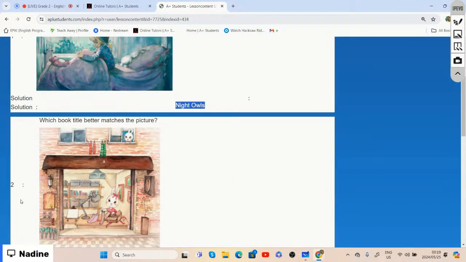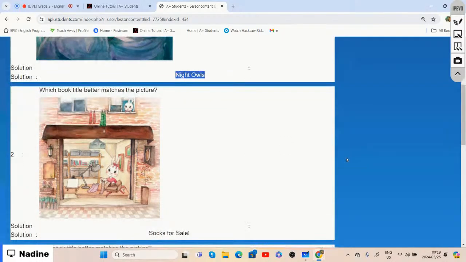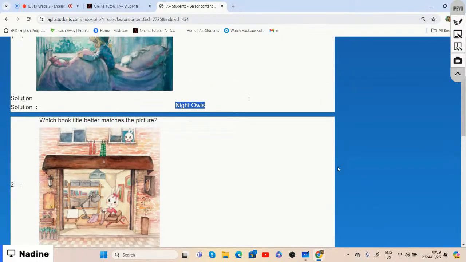All right. Let's look at which book title matches the picture in front of us.